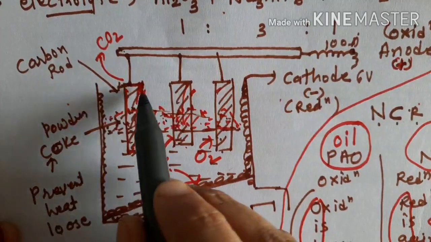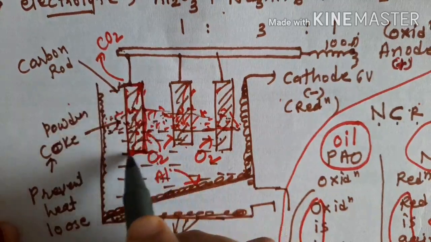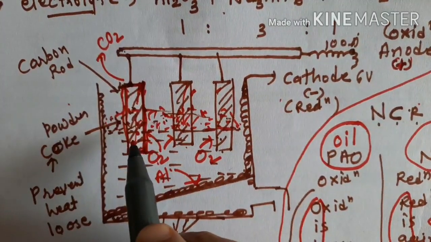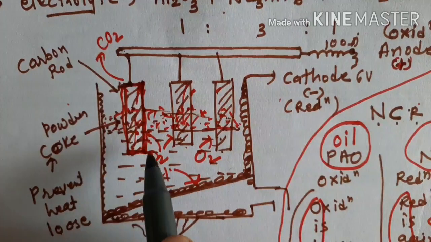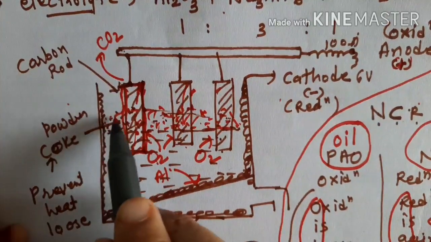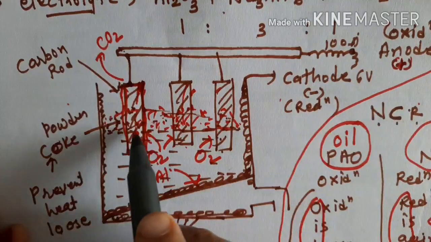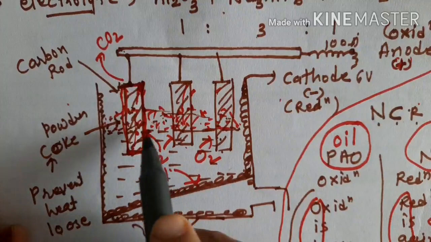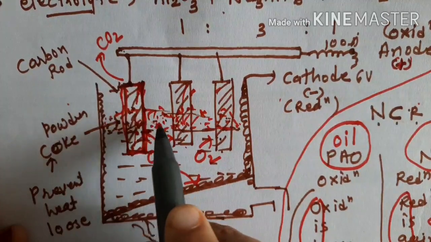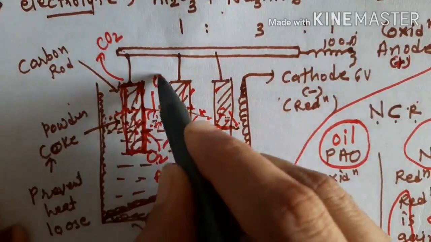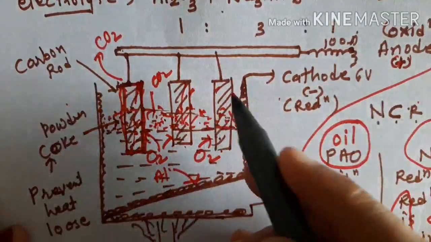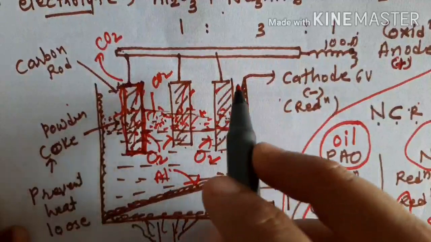So we can somehow save a little bit of the carbon rod if we add more coke powder. Whatever oxygen gas is liberated here reacts with this coke powder and is also converted into CO2. Okay, so this is the reaction that happens. That is why from time to time we have to replace this.